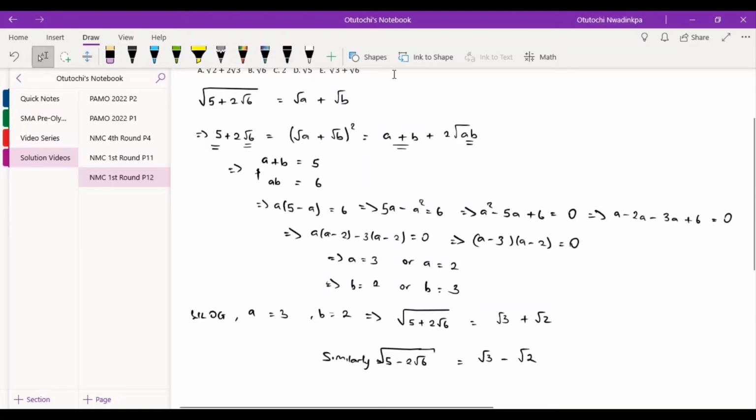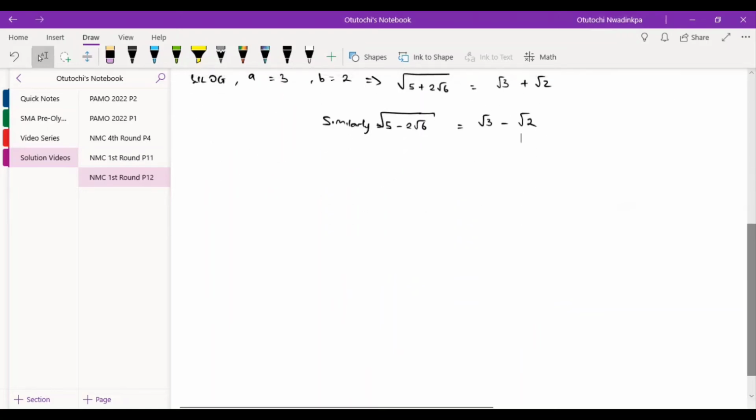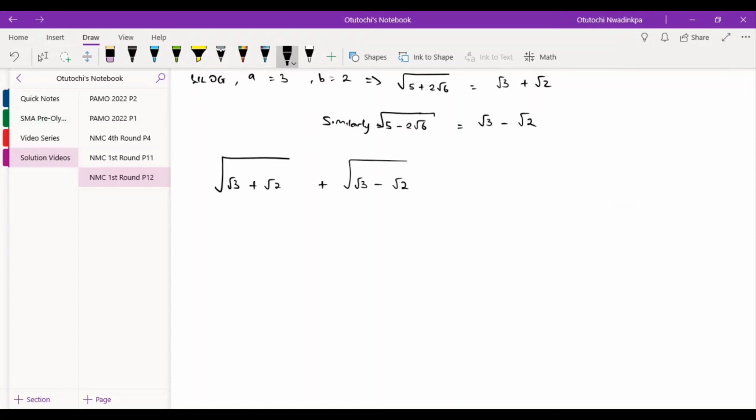So now, like I say, we have dealt with the 4th root. So what actually needs to simplify now is the root of root 3 plus root 2 plus the root of root 3 minus root 2.